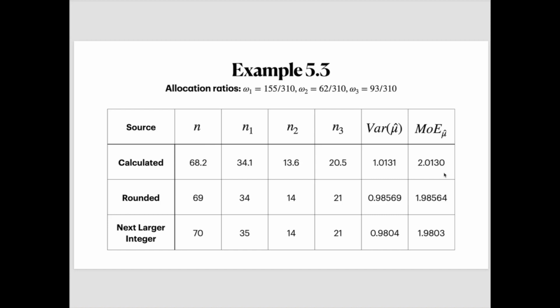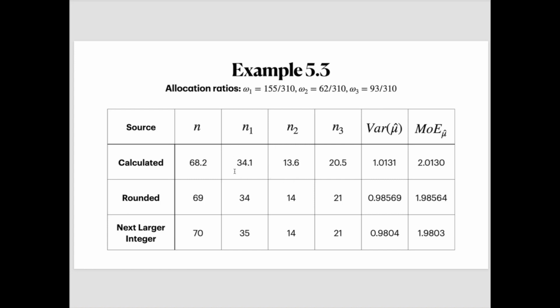All right, but again, we realize that that sample size is based on an approximation, so it's really an approximate sample size that gets us close to the actual sample size that would give us that margin of error. And so let's first look at rounding. Let's round each of these sample sizes in the first row to the nearest integer.